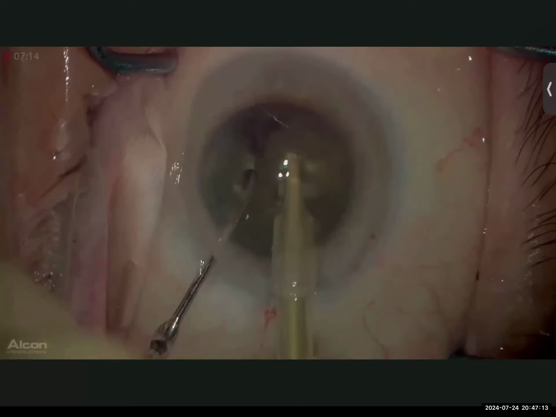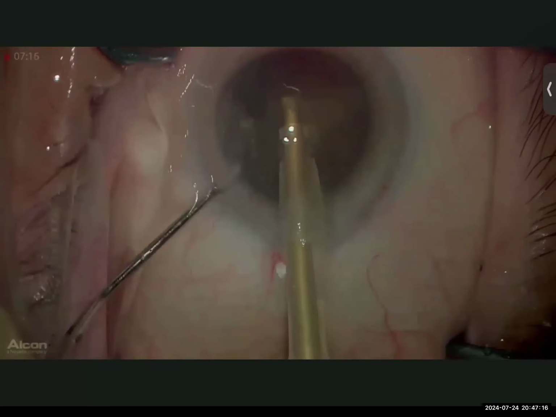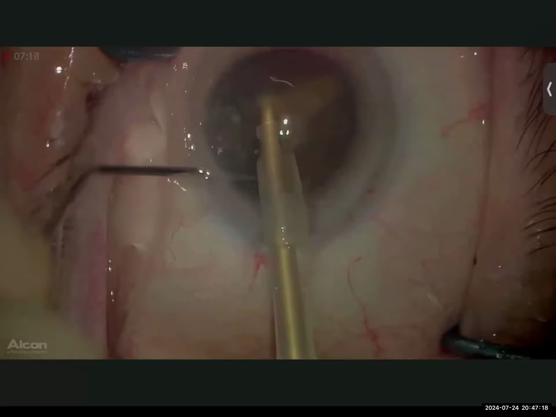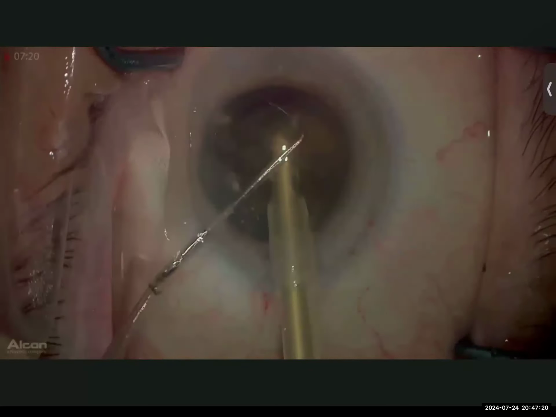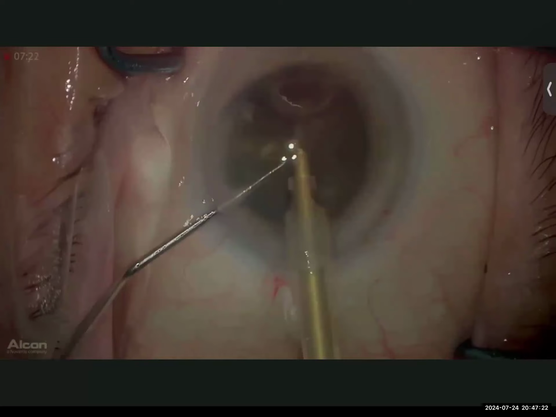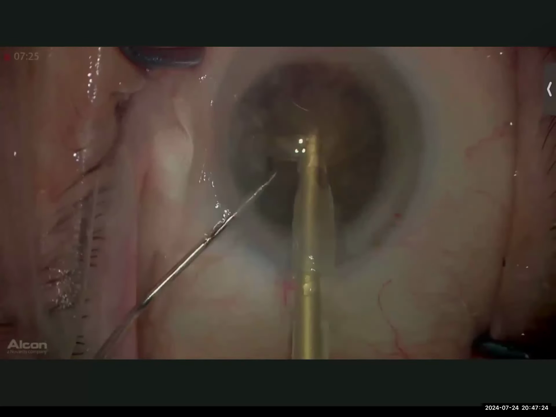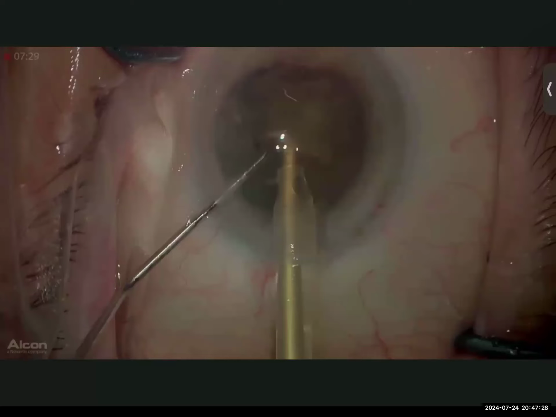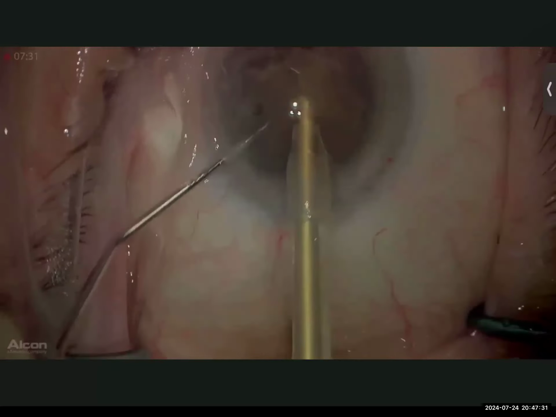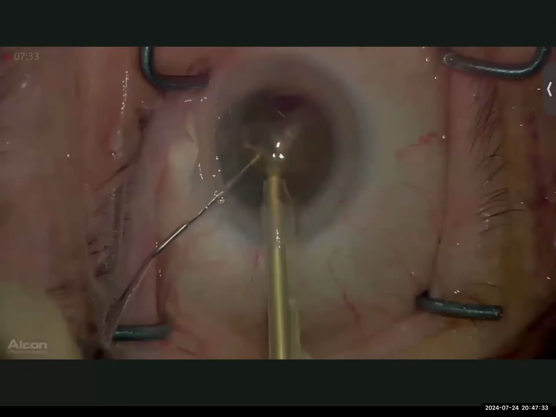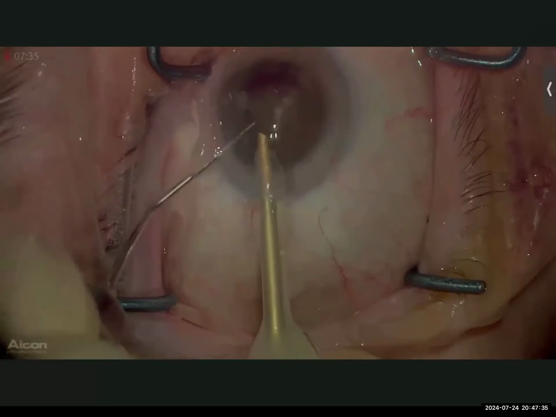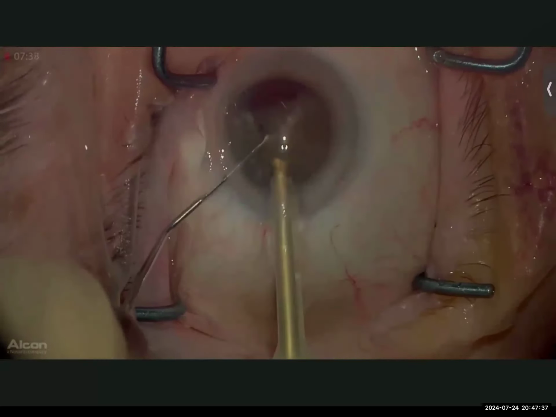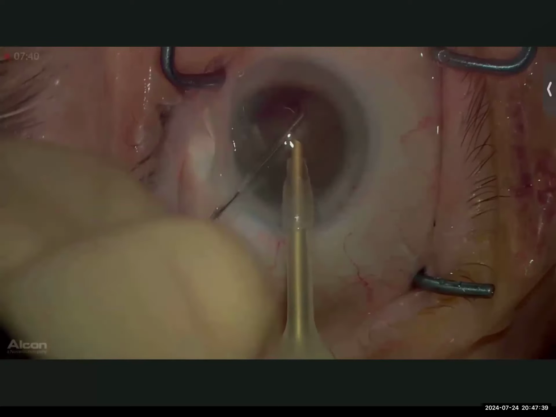All right. So here I am aspirating that. I pull it up, and now I can subchop. So the first thing is to fragment it enough so that you can get the pieces out of the bag. And then there's a second stage when you have a large nucleus where you're going to subfragment or subchop those fragments into more bite-sized pieces.